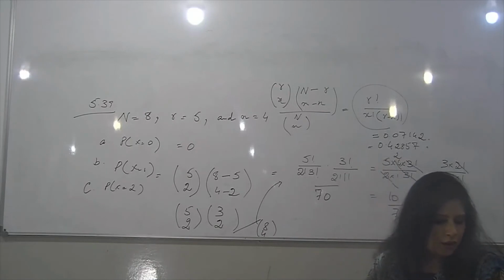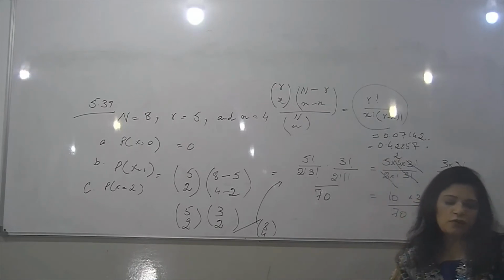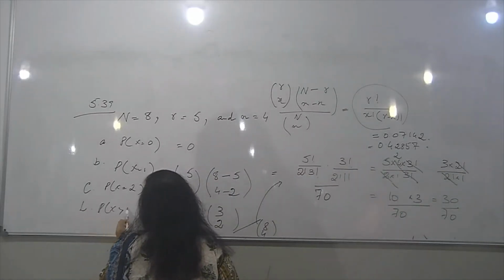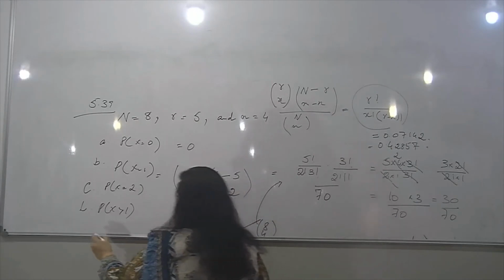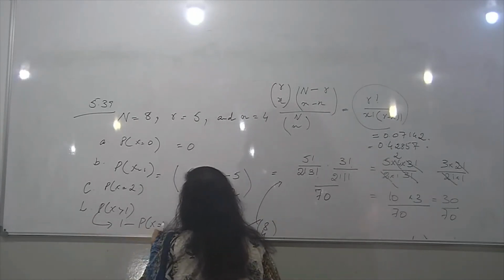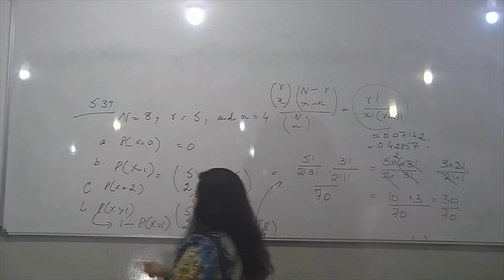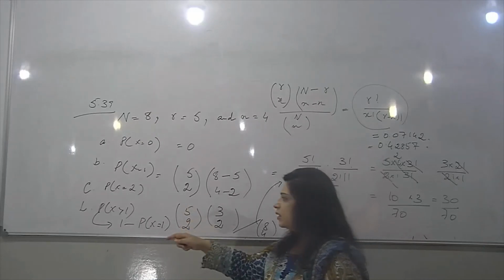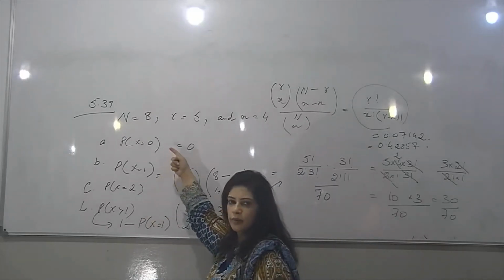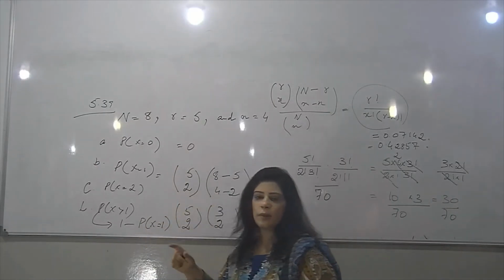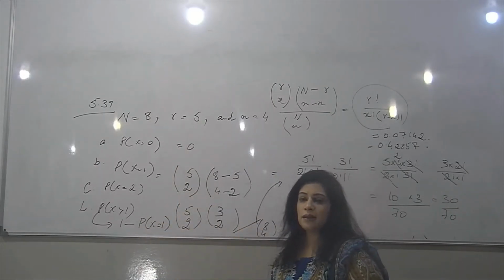Okay. Now if you look at part H, I said that probability of x is greater than 1. Probability of x greater than 1 would actually be 1 minus probability of x equal to 1, because this is greater than 1, so it can be probability of x equal to 0 and 1, but since 0 is 0 in this case, you're not going to be adding that up. We'll just be having probability of x equal to 1, just making use of the complement process that we already did in the conditional probability.